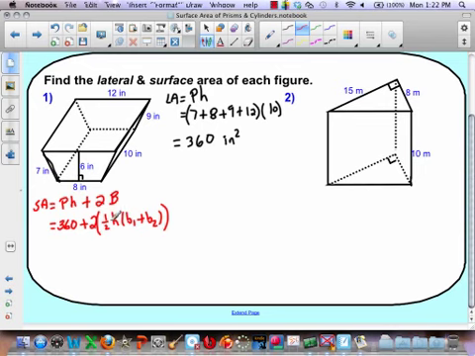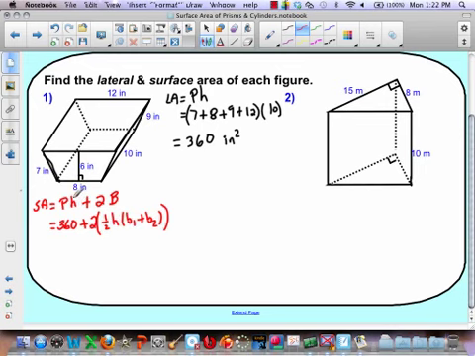By the way, how is this height right here different than this height? That's kind of important. We start throwing all these h's around. How is that height different than this height? Bailey? Very good.